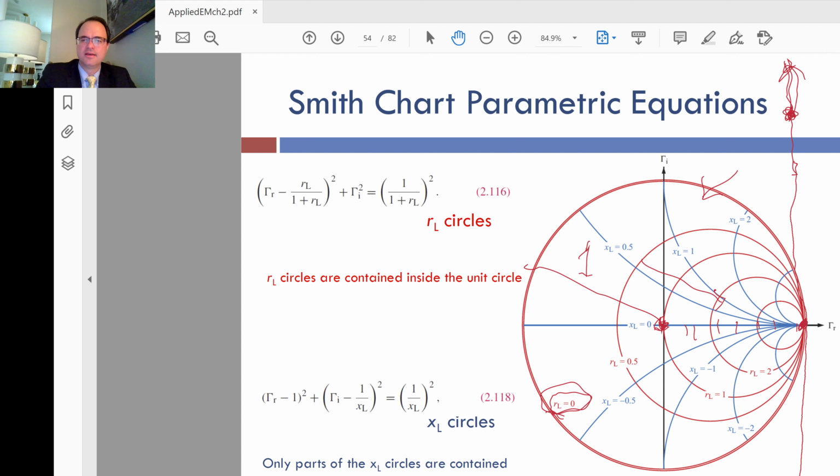Essentially, my XL curve for XL equal to 0 hugs the real axis. Now, as we go away from XL being equal to 0 to non-zero but positive numbers, we see that both the center of my circle and the radius of the circle become smaller.